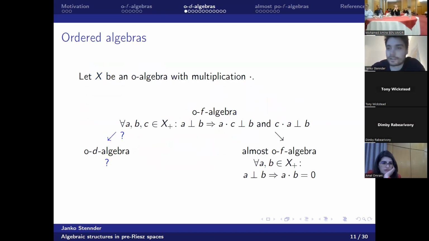Okay, a quick look at our scheme. We have the OF algebras covered for now, all the results I wanted to show you. Now I want to fill in the question mark below the OD algebra. So basically show you what I meant with this Riesz-star homomorphism on the slide before.